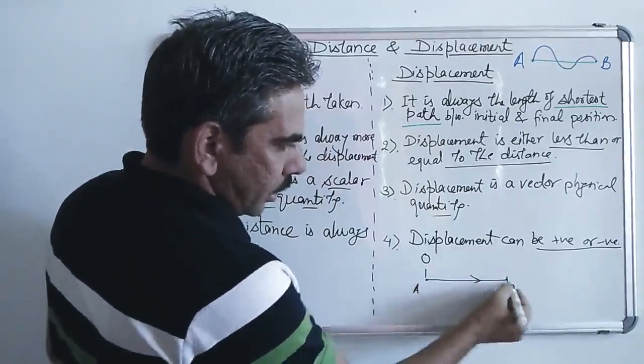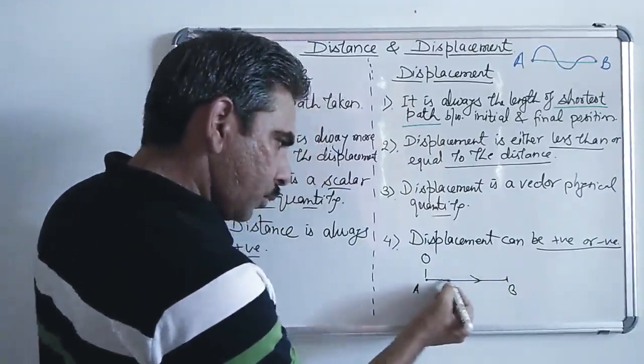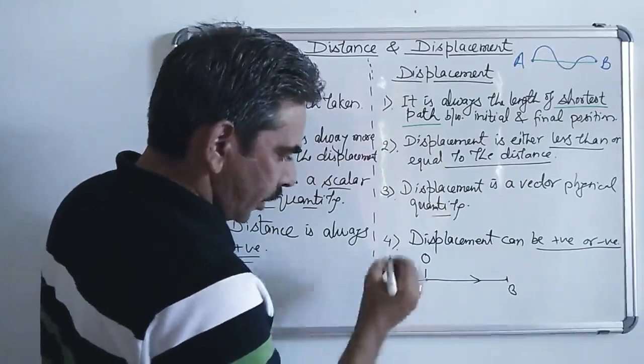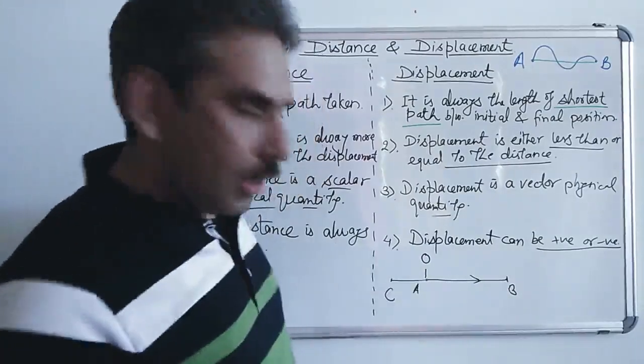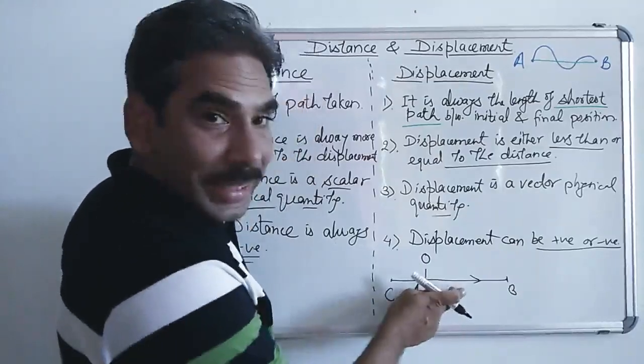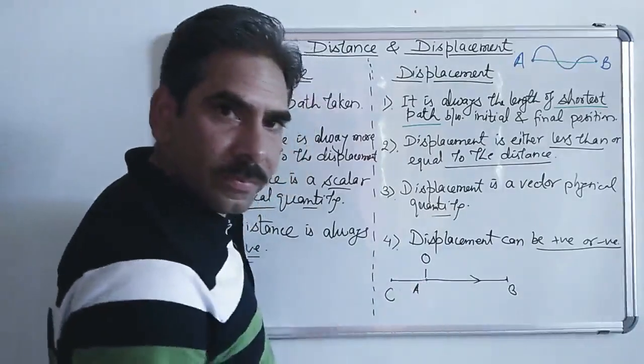The object starts from A, moves to B, then comes back to A and moves to the other side to point C. So the journey has completed in a direction opposite to the initial direction, so we take this direction to be negative.